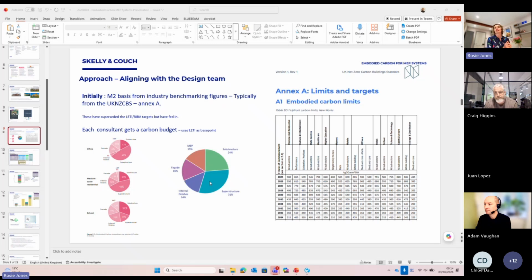Actually, quite often the structural engineer does it first. They work through their structural options and it gives us their actual quantitative number, and then often that will lead to us readjusting for everyone else: the M&E, the internal finishes. It fundamentally sets the tone, it sets the base point, and it sets us actually starting to do optioneering exercises.